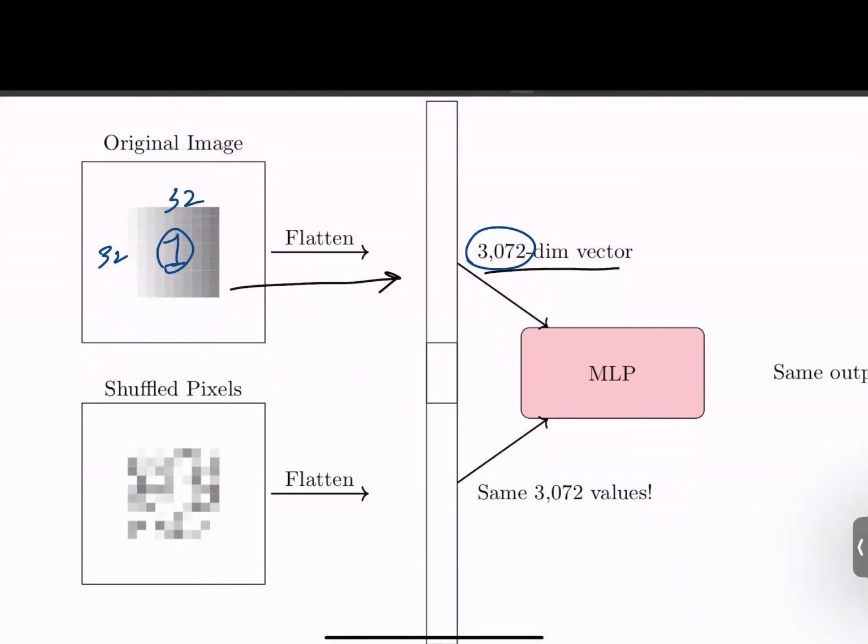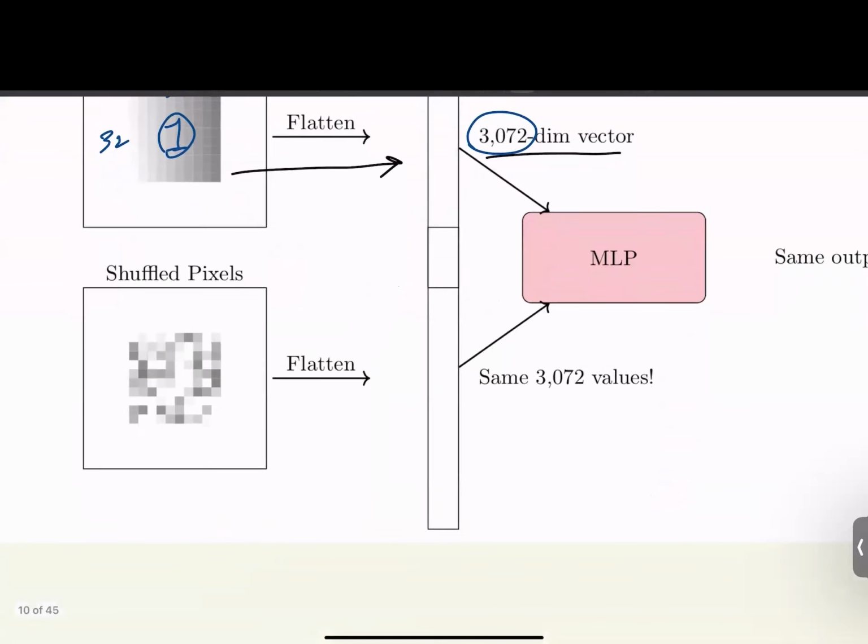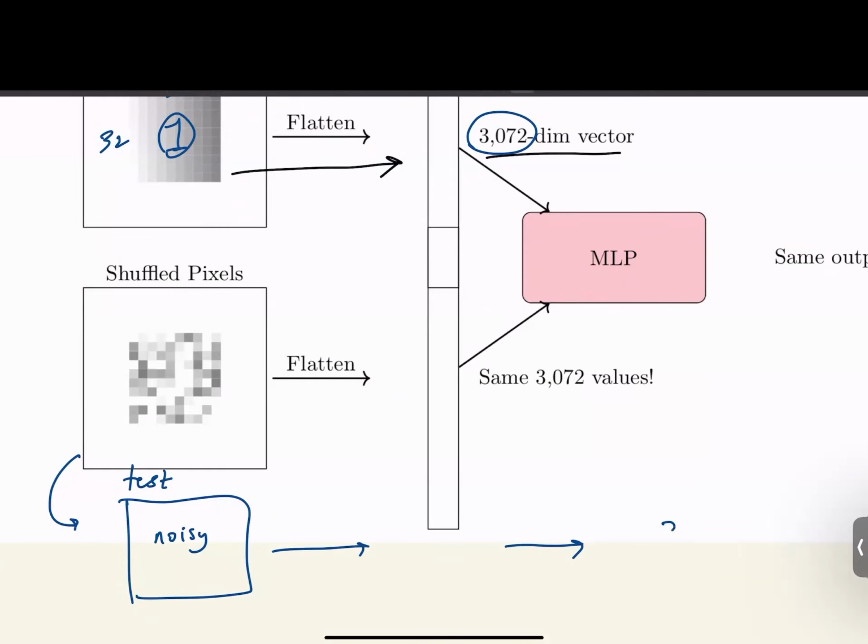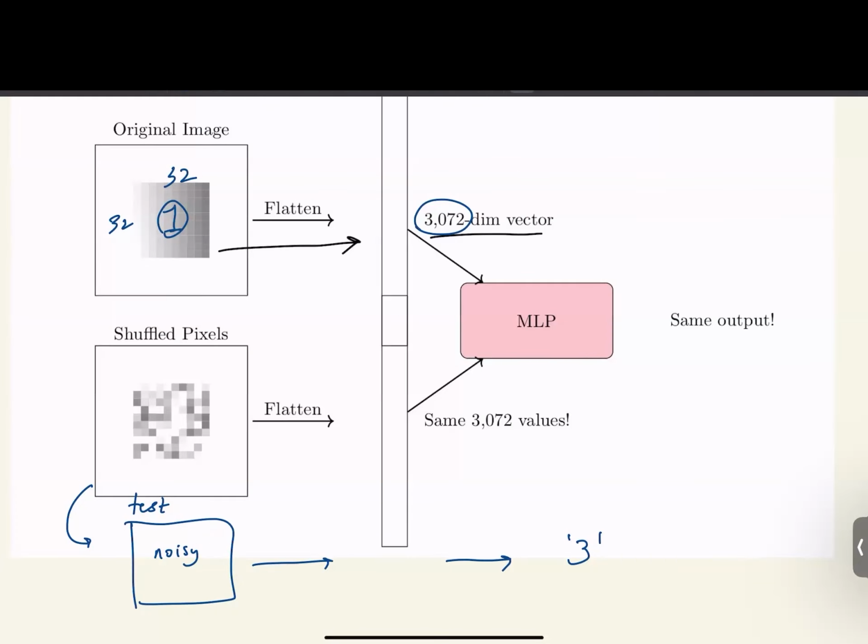In other words, if we send an input which looks like a completely noisy image to the neural network, it can tell you with high confidence that this is, for example, number 3.